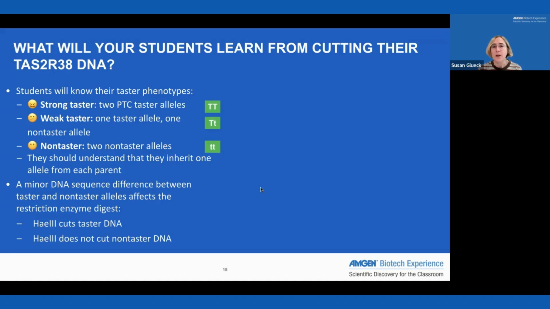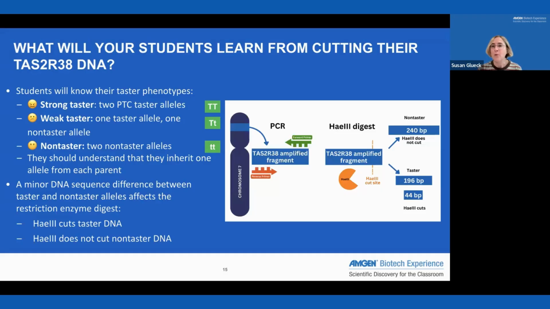To be more specific, HEY3 cuts taster DNA and it does not cut non-taster DNA. So students will have amplified a 240 base pair fragment. Once they subject this PCR product to restriction enzyme digestion, if they are tasters, they will end up with 2 bands. If they're non-tasters, they'll end up with a single band. And if they are heterozygous, they should see a combination of all 3 bands.